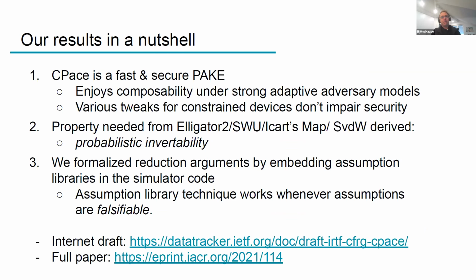Second main result is that we were able to derive the exact property that we need from Elligator 2 or the other maps, and we coined this property probabilistic invertibility. So basically, it's the fact that the map needs to have few pre-images. A point generated by the map needs to have few pre-images, and you need to know how many pre-images you can get in the worst case.